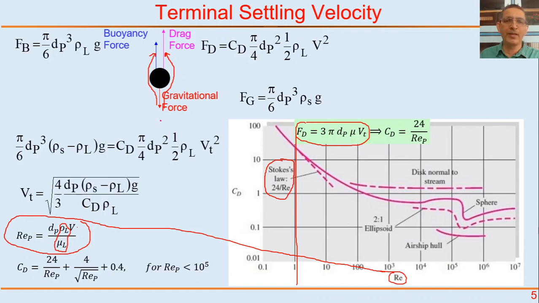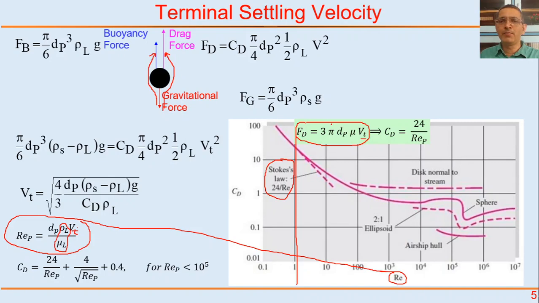In this particular case, it is the terminal velocity that is reached. So this Reynolds number should have a terminal velocity. We should call it a terminal velocity. And therefore drag force is also dependent on the terminal velocity. Now I can rearrange this.